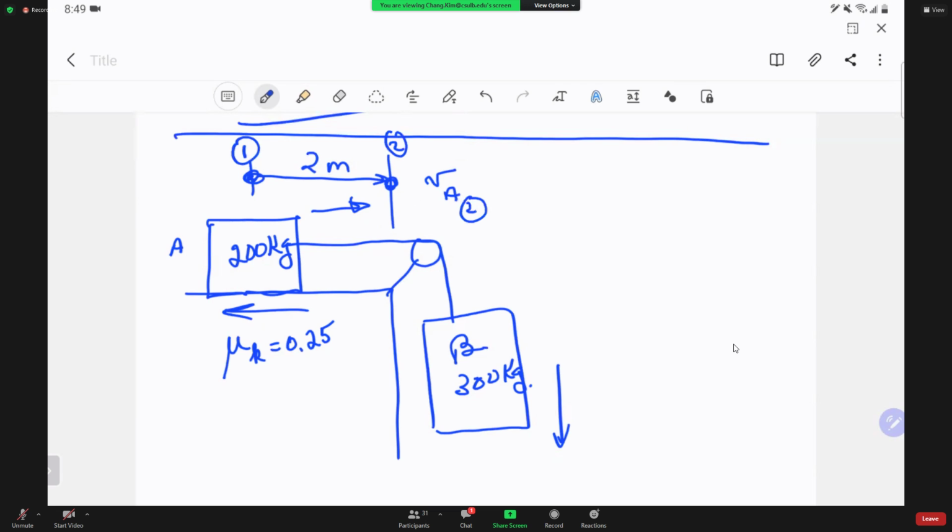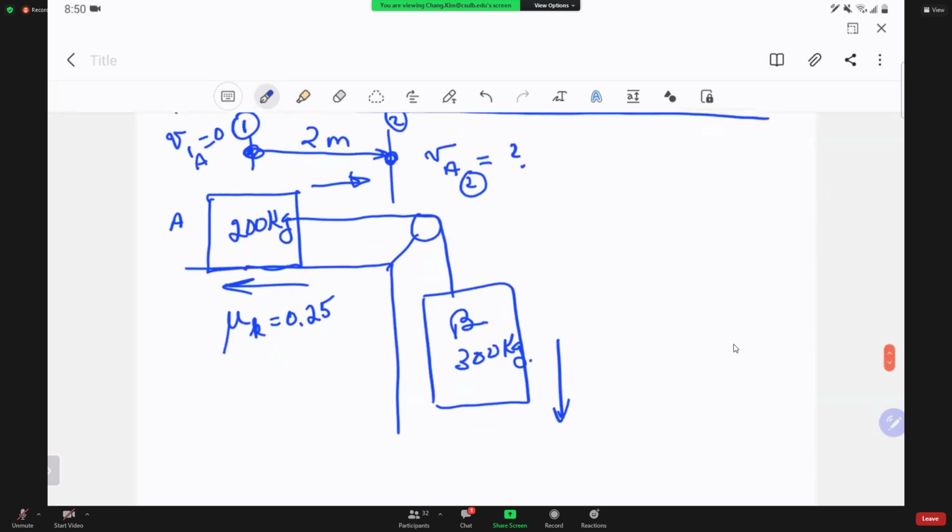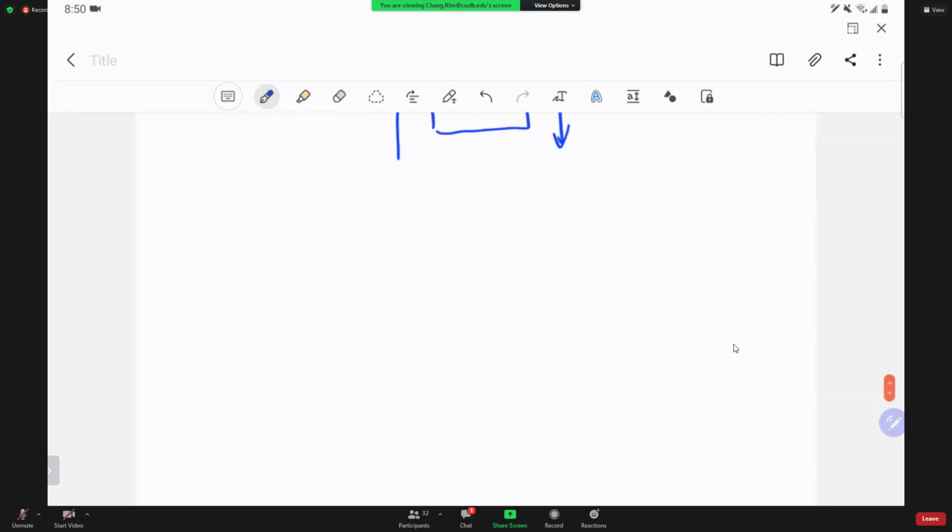So initially at rest means the velocity at point 1 of A is 0. This is what we wanted to find. How do you do it? Okay. First of all, the free body diagram. For block A, free body diagram for block A.